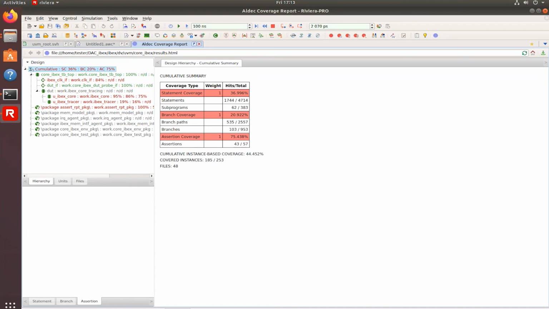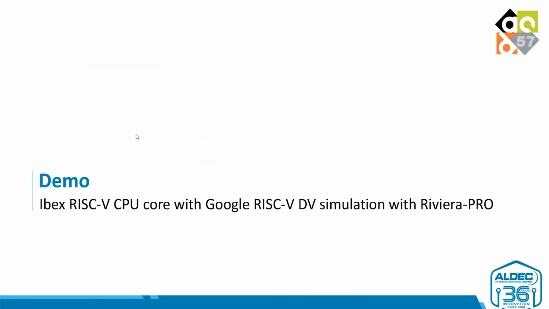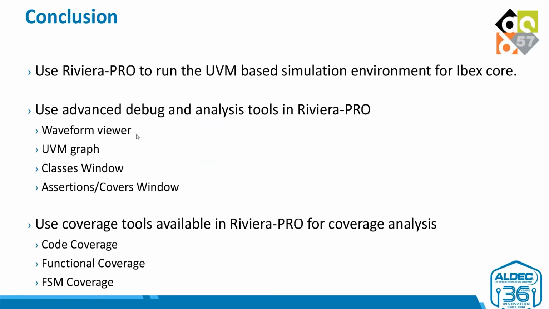So let's switch back to the slides so we can take a quick look and wrap up the presentation. All right, so that was the demo, and now in conclusion, we can use Riviera-PRO to run the UVM-based simulation environment for the Ibex core, which is a RISC-V processor core, and we can use the advanced debug tools available inside Riviera-PRO to run and look at your waveforms.